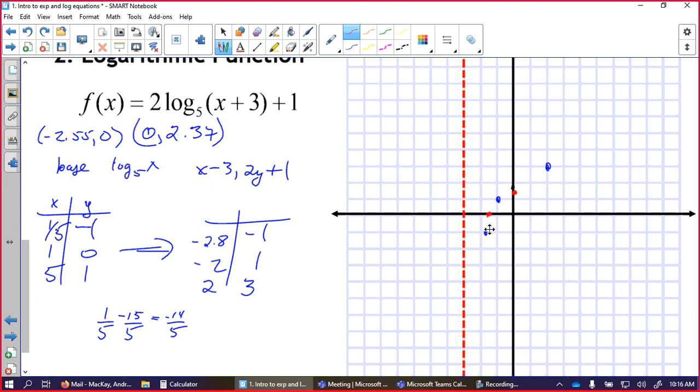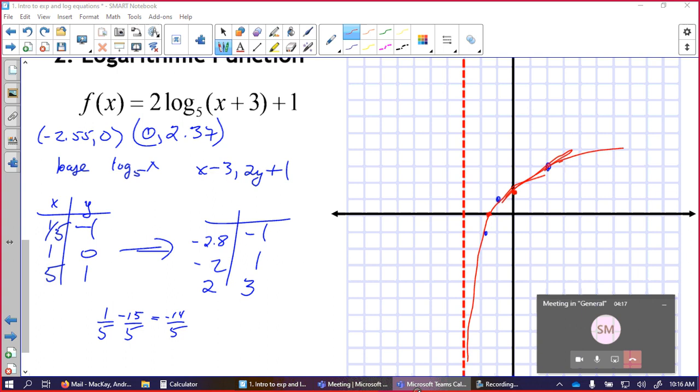So we have our intercepts. This one kind of plateaus a little bit. Drawing graphs on this sucks so bad. And we can use our intercepts to do that.